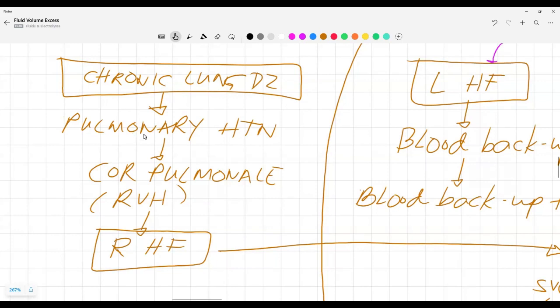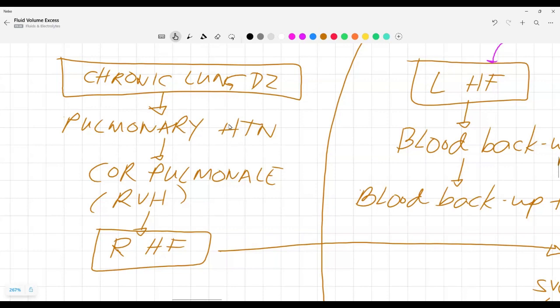And if you recall, the pulmonary arteries, it's the part of the circulatory system that gives the deoxygenated blood to the lungs, right? So this is forward flow to the lungs coming from the right ventricle.